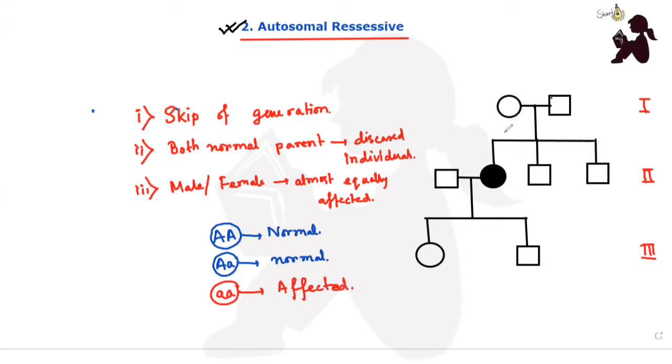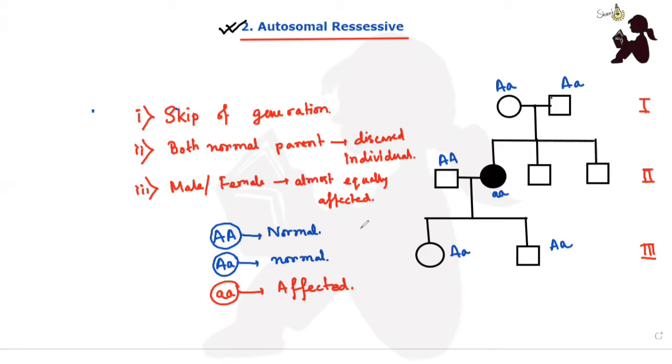Now, if we see the pedigree here, both parents are heterozygous. As a result, one of their children is affected. Then when this female is married to a normal male, it results in the heterozygous genotype.